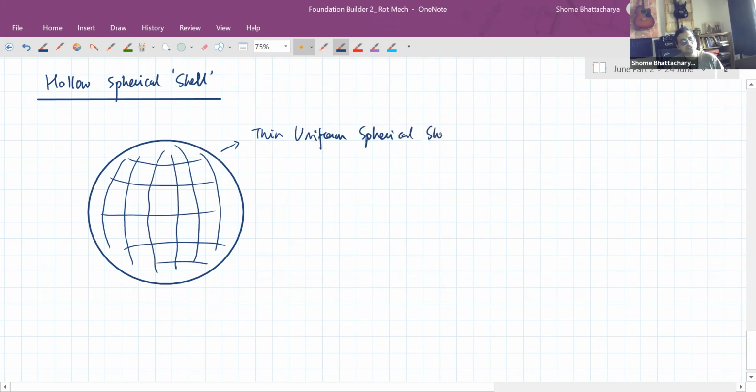So this is a thin uniform spherical shell. Its mass is M and radius is R. Now we want to find the moment of inertia about any axis passing through its center.